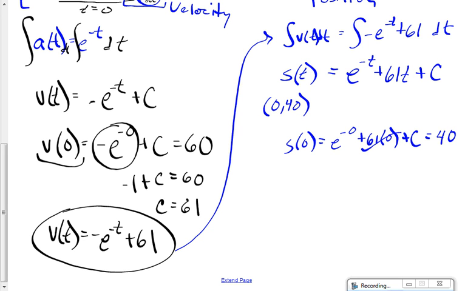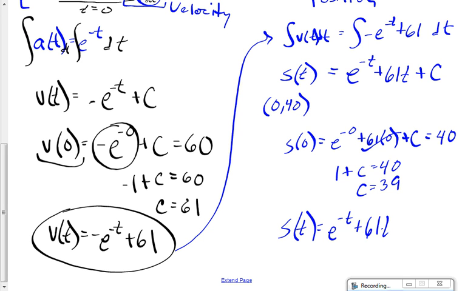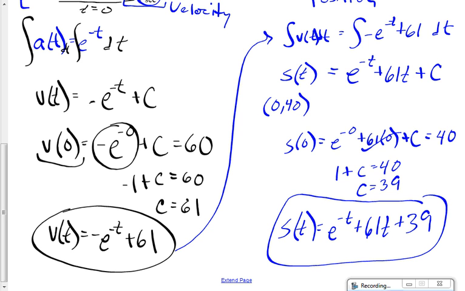That part's gone because it's 61 times 0, but this part's 1. And that is our position equation. Okay?